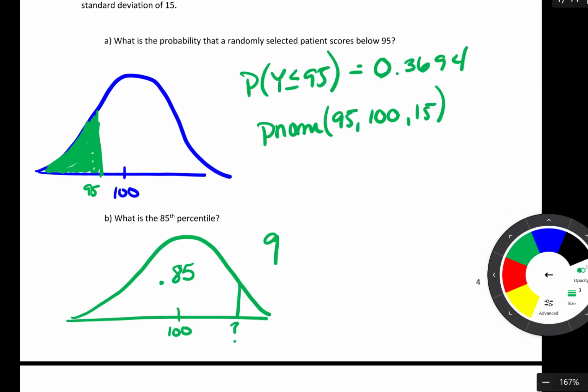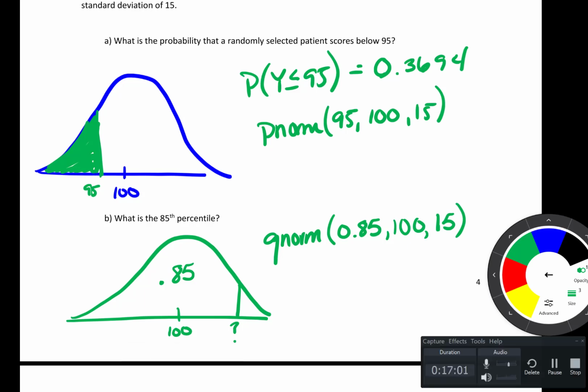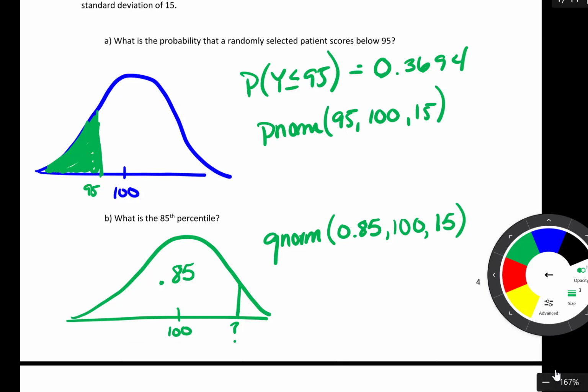So here I want to use q-norm, and I want to find the endpoint that has area 0.85 to the left of it when that normal has a mean of 100 and a standard deviation of 15. And the endpoint that we're looking for in this case is 115.54665.